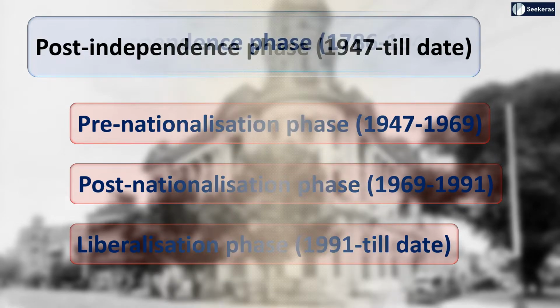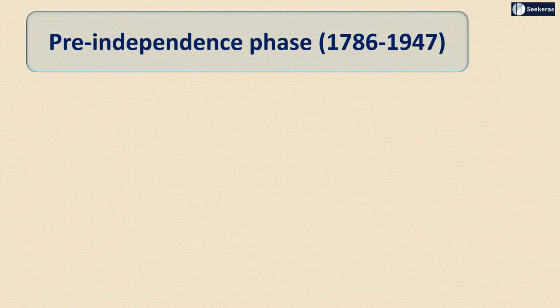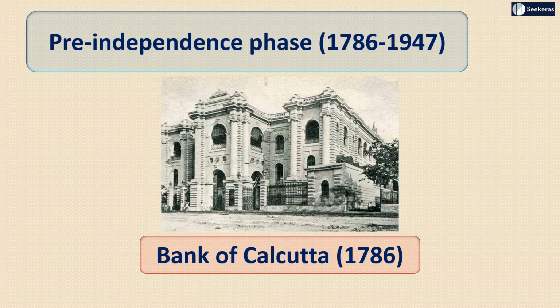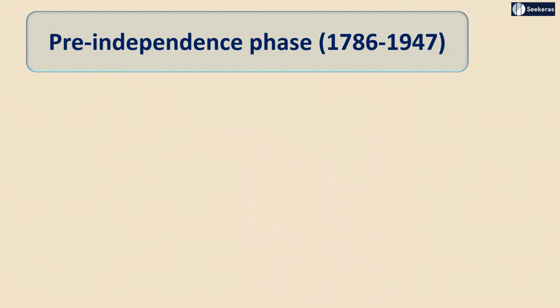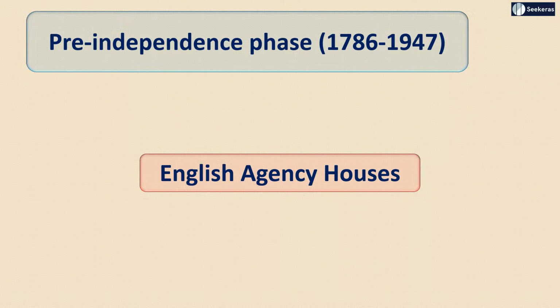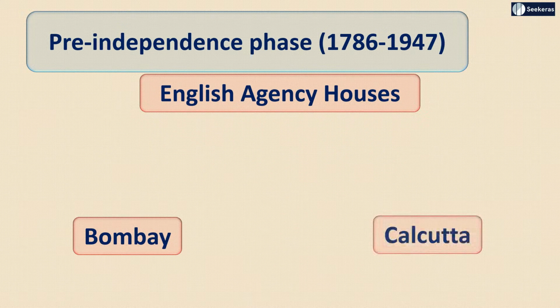1. Pre-independence phase 1786 to 1947. The origin of the banking system in India can be traced to the foundation of Bank of Calcutta in 1786. The banking in India originates in the last decade of the 18th century with the foundation of the English agency houses in Bombay and Calcutta, now Kolkata.